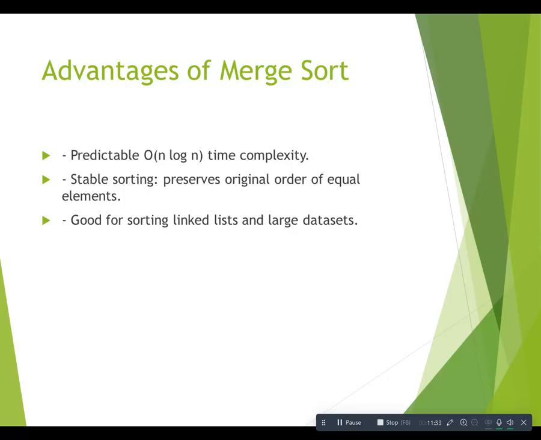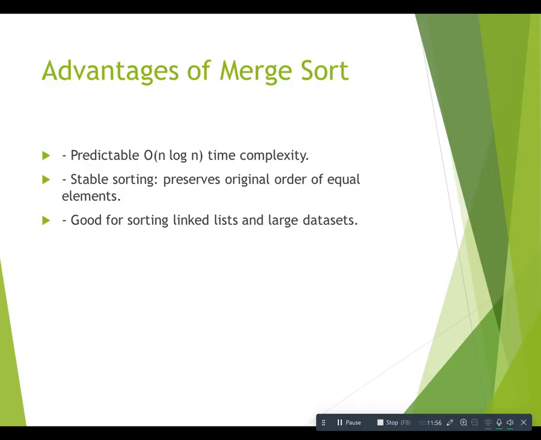Whatever the size of your input, whatever the size of the array may be, which is the input to the merge sort algorithm, you will always get n log n time complexity. So this is very useful, and the complexity can be predicted because of this.